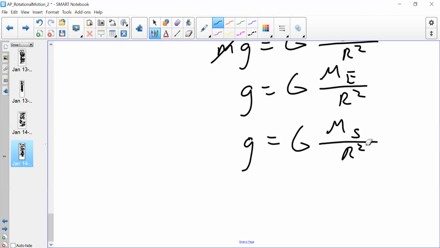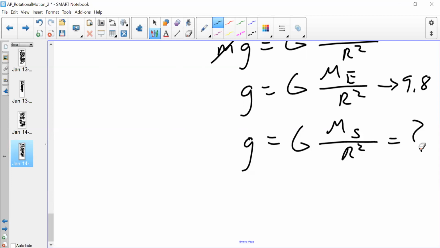So why don't you take a couple of moments right now? I've been talking at you a lot so far. And let's verify from this equation that we can get 9.8. Show that it's 9.8, and then what is the gravitational field on Saturn? And how do we get the masses of both?